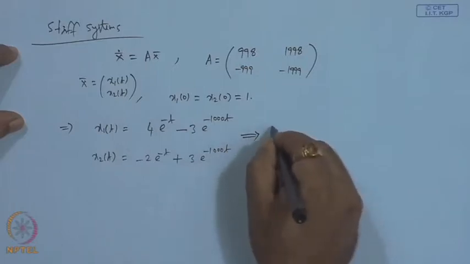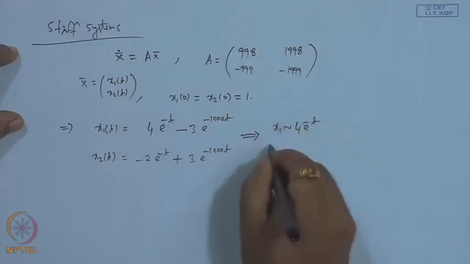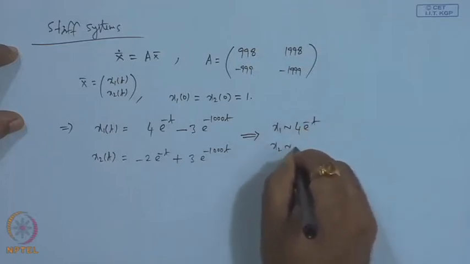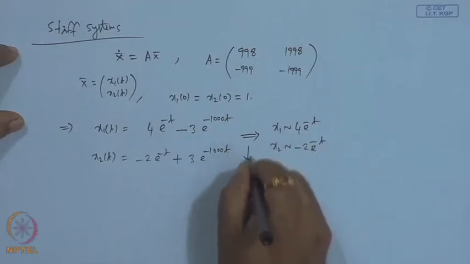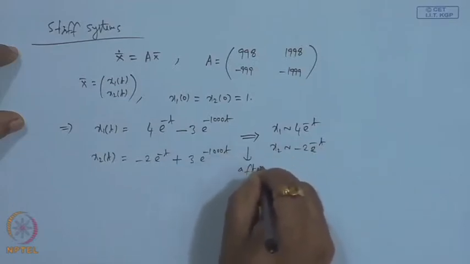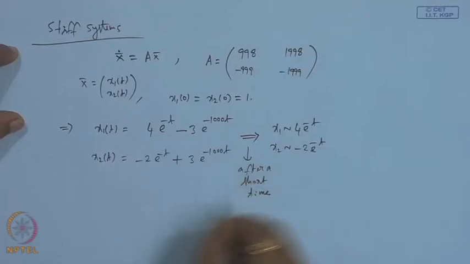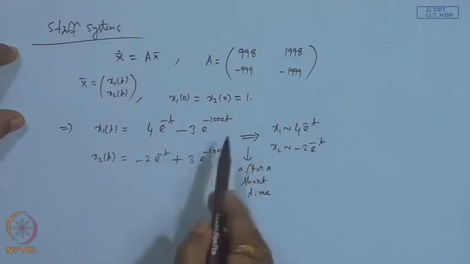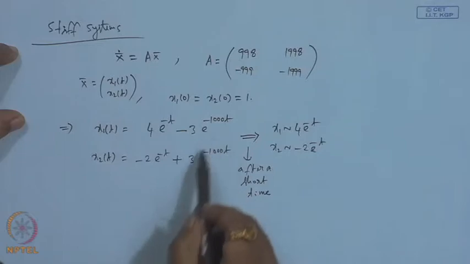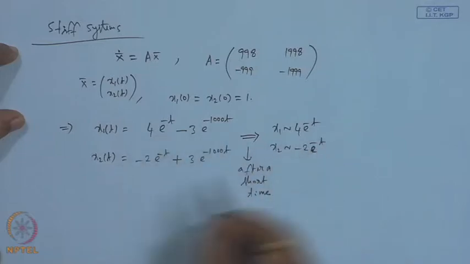So, this becomes... this is after a short time. The reason is you have a big coefficient multiplying t. So, after short time this decays faster than this. So, after short time we have this solution.